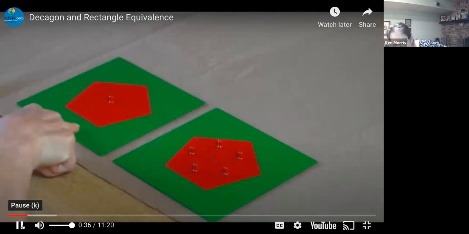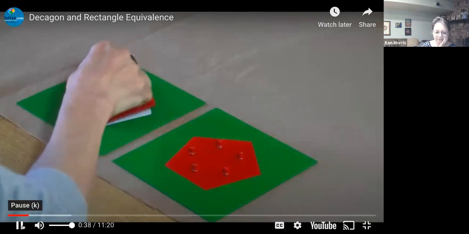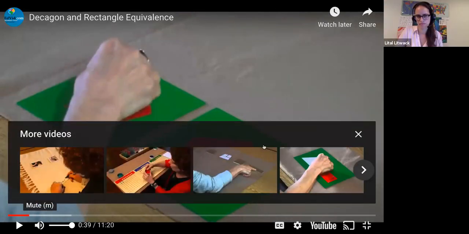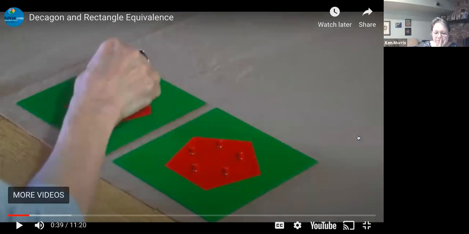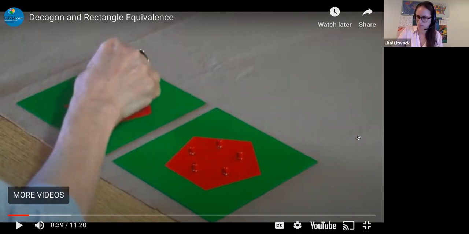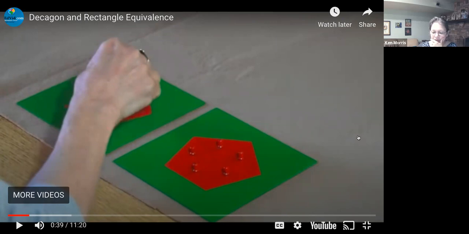This is a regular pentagon. Regular has been defined in lower elementary as an equilateral, equiangular polygon. So they have supposedly done work with regular and irregular.